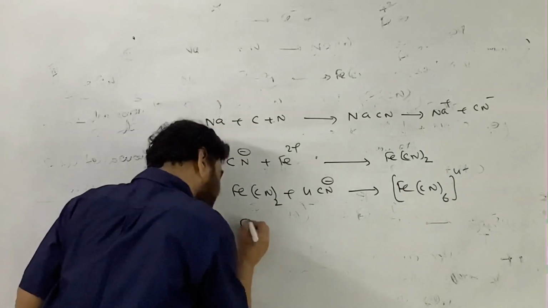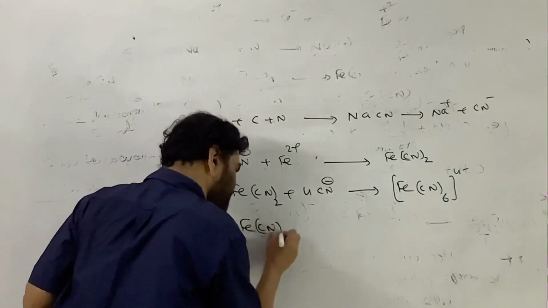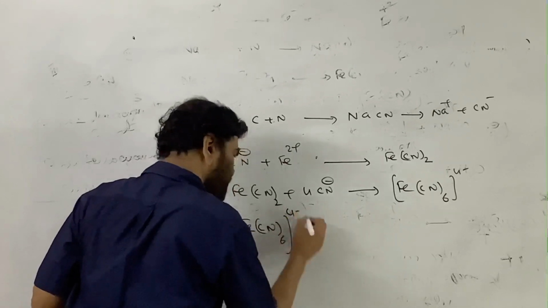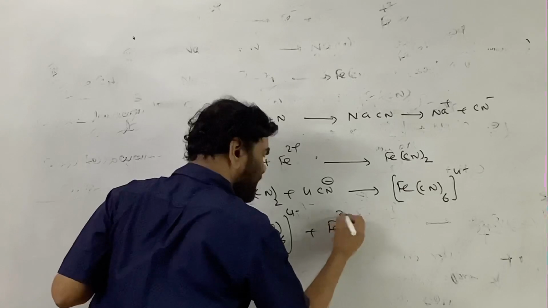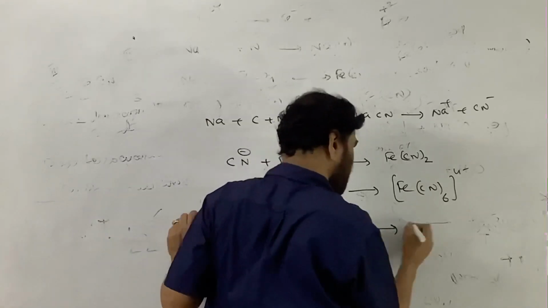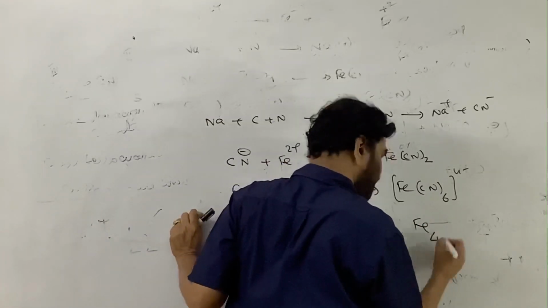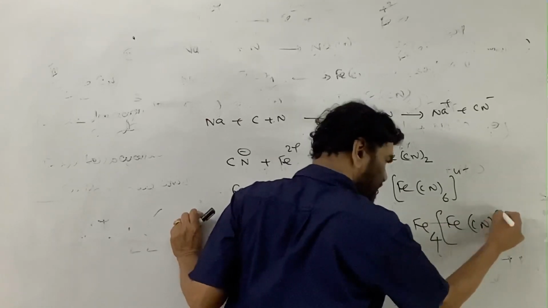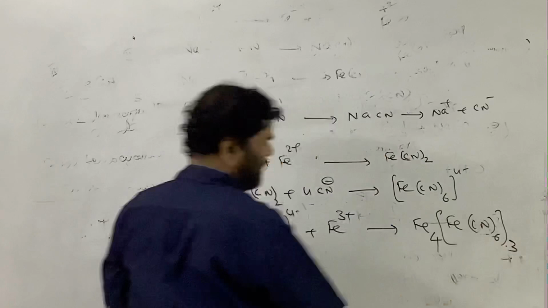The ferrocyanide ion that is formed after addition of the ferrous sulfate reacts with the ferric ion to give Fe4[Fe(CN)6]3.